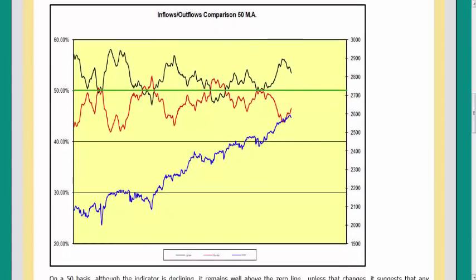this is the very same indicator on a 50-day basis. Now, we can see that it is declining, but it's well above the zero line. That is suggestive that more than likely any decline over the next few weeks will probably be corrective, not something dramatic.